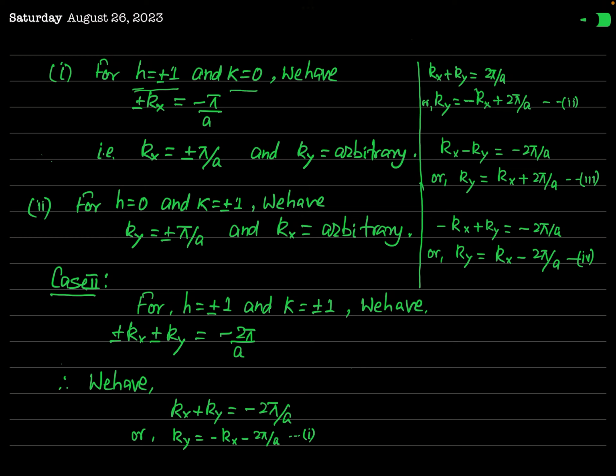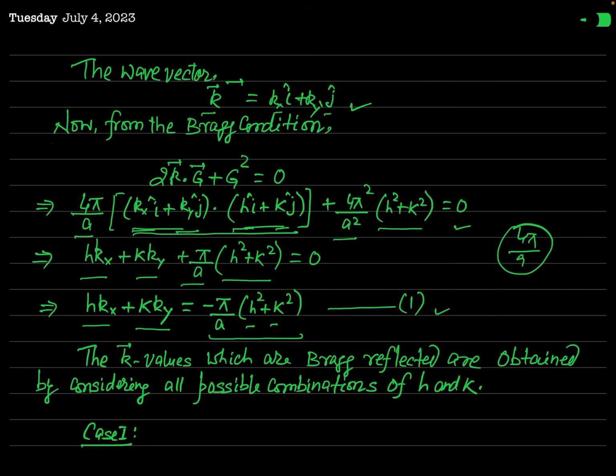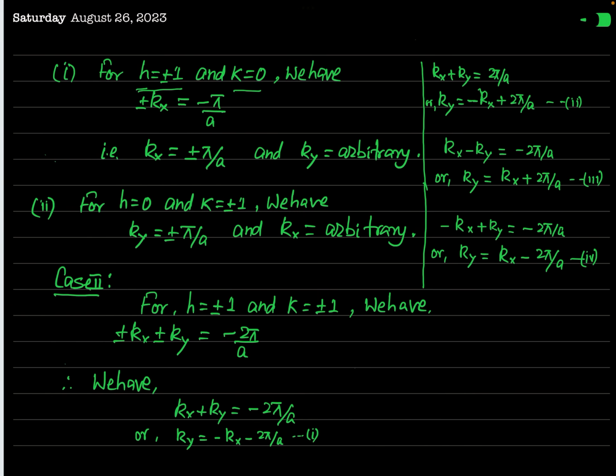So, when you take h equal to plus minus 1 and k equal to 0, what will this equation 1 be? Since k has been taken 0, the second term will vanish, and h is taken plus minus 1, so in the LHS there will be plus minus kappa x. And in the RHS, h is plus minus 1, so h square will be 1 and k square is 0, and so this will be simply minus pi over a.